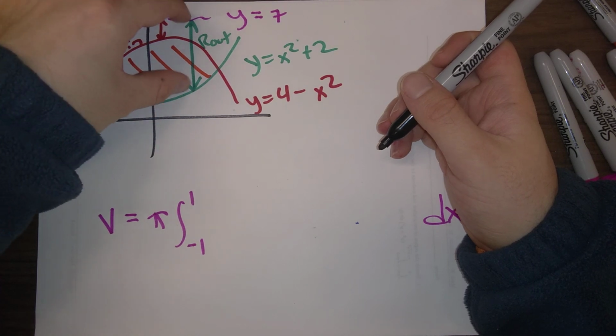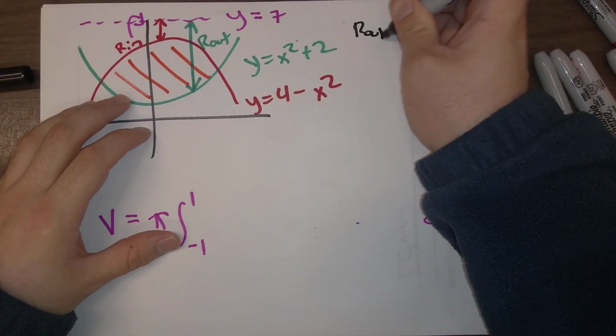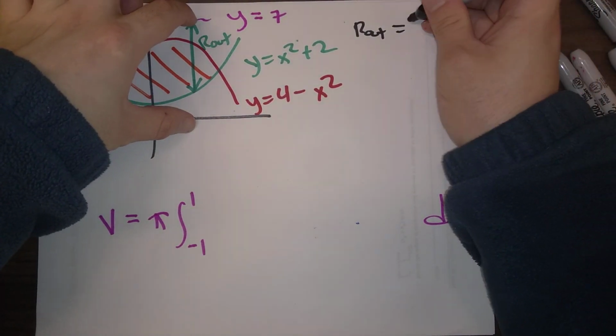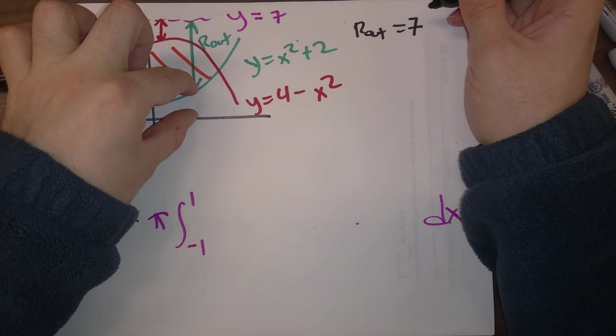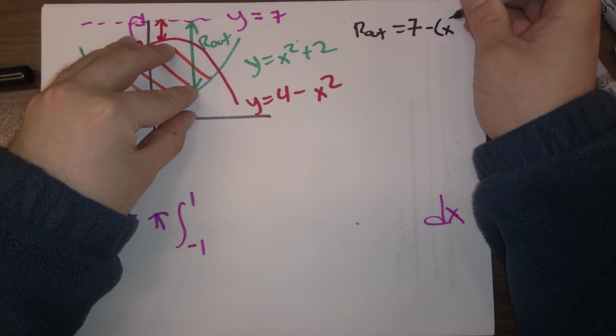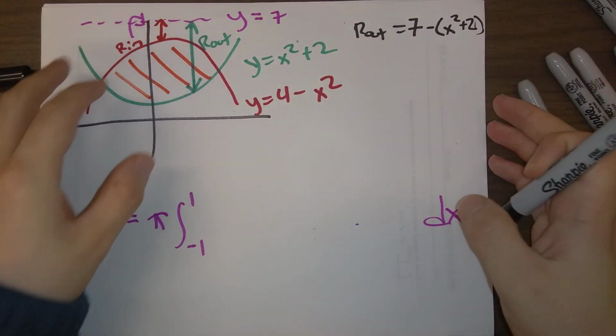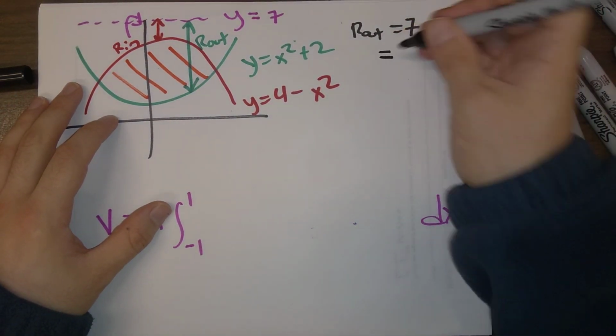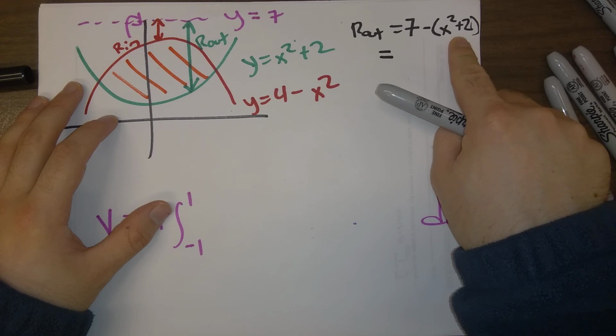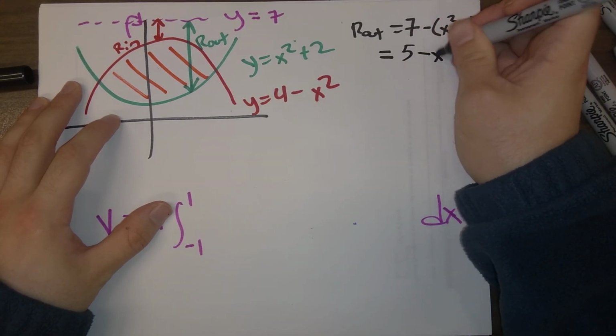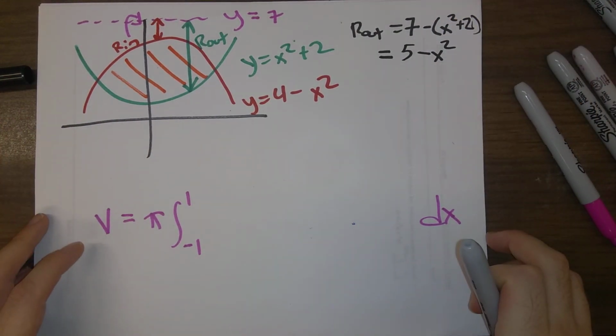Well, this outer radius is going to be 7 minus this chunk down here, which was the original x squared plus 2. So the outer radius is 7 minus (x squared plus 2), so that's 5 minus x squared.